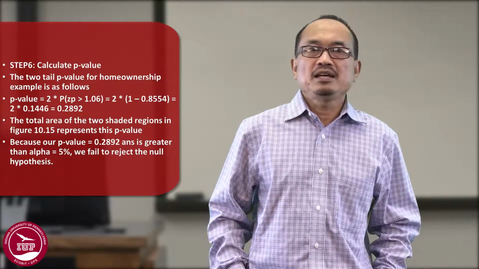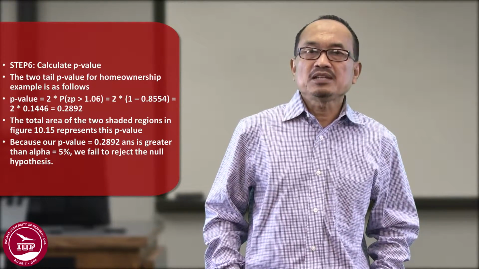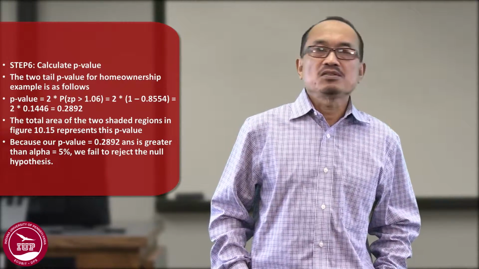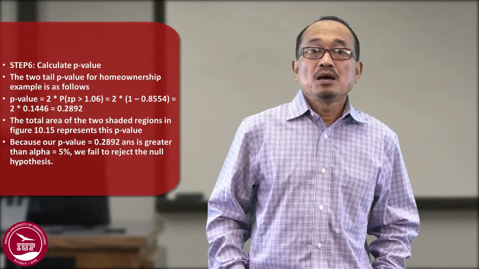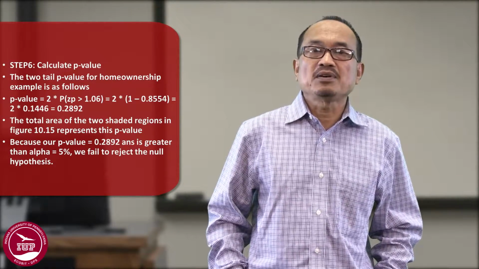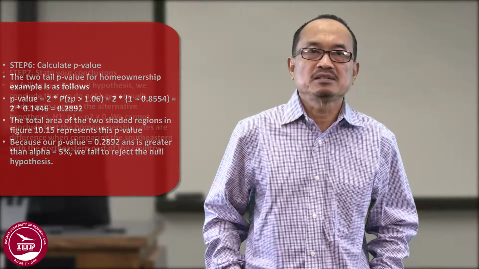The total area of the two shaded regions in figure 10.15 represents this p-value. Because our p-value is 0.2892 and is greater than alpha 5%, we fail to reject the null hypothesis.